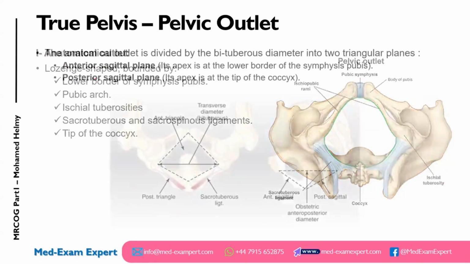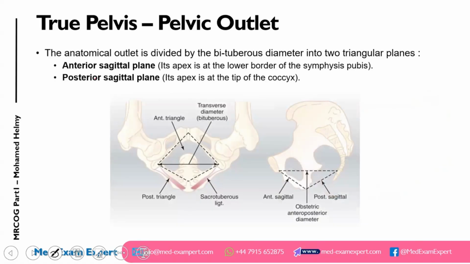What about the obstetric one? But before that, another thing to mention: if we draw a line between the two ischial tuberosities, we will have two triangles, one anterior and one posterior. The anterior one we call the urogenital triangle.